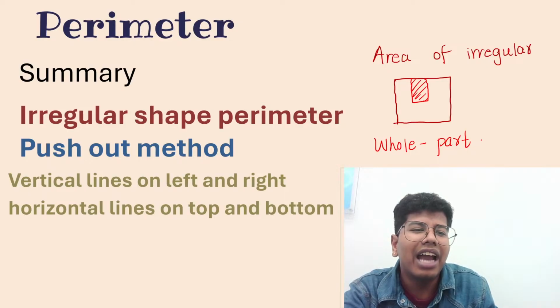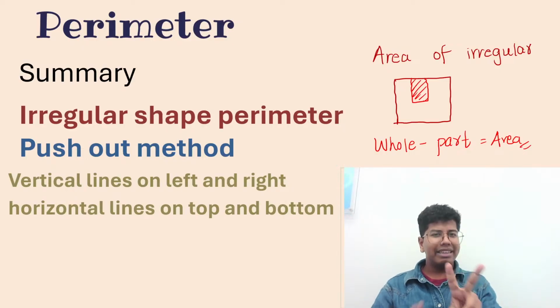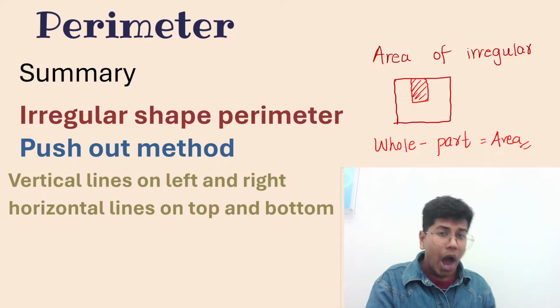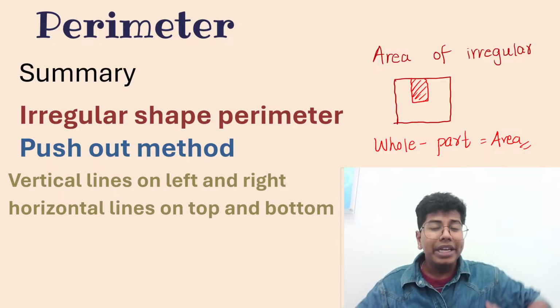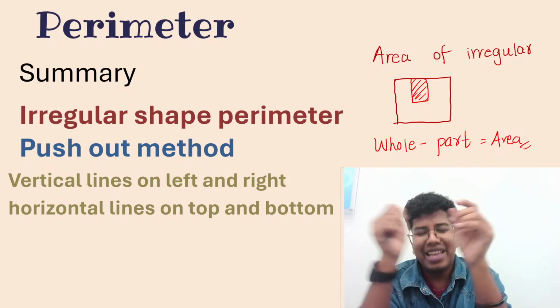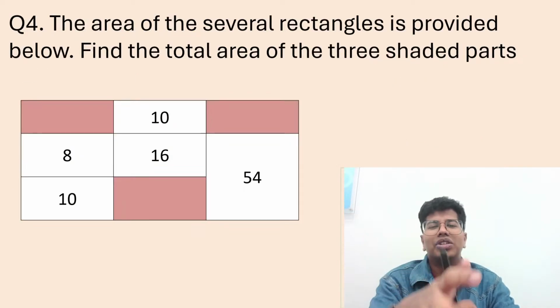And then we can find out the area of the irregular shape. So class, there are two important things we can understand with respect to geometry. Perimeter, area. Whether it's regular, whether it's irregular, we have to compare it with the regular shape. So with all said and done, let's see the last question.